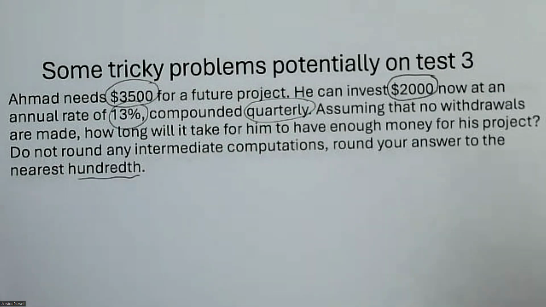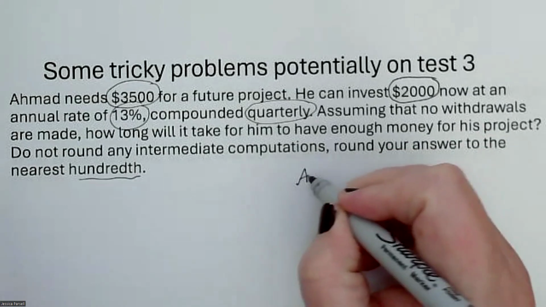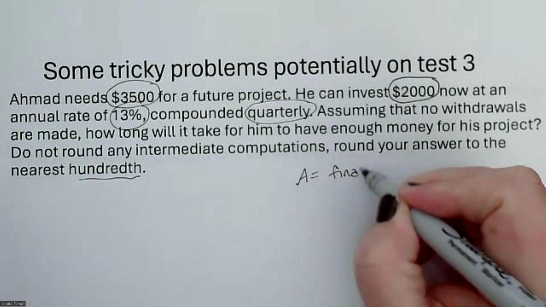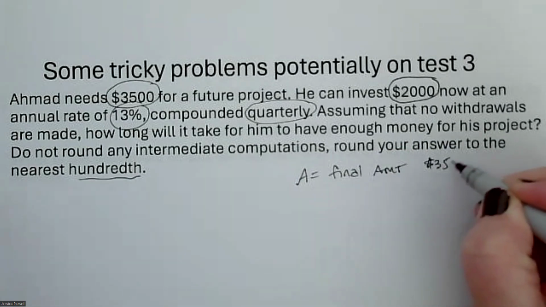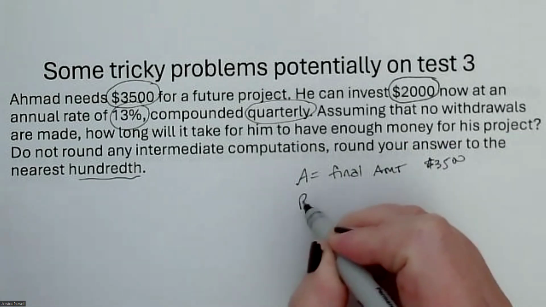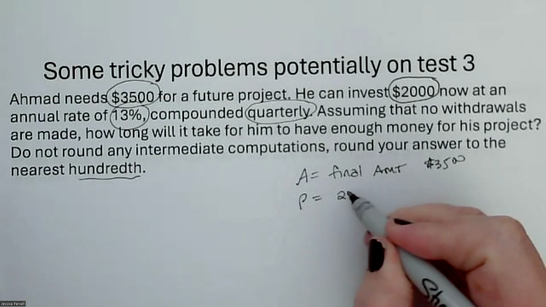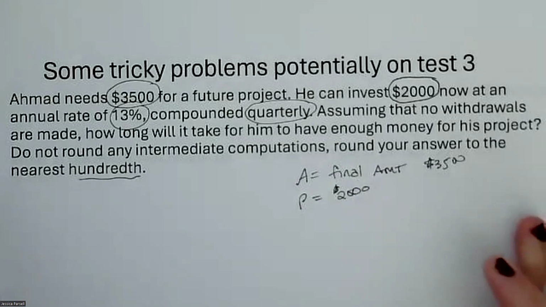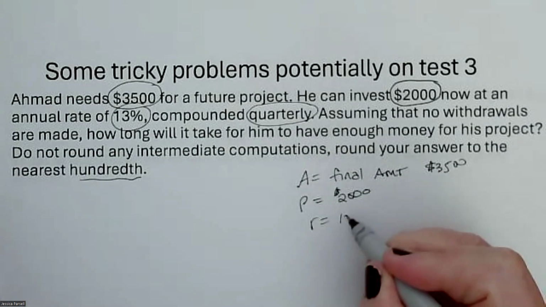Okay, so let's figure out what we know here. We know that A, which is the final amount that he needs, is 3,500. We know P, which is the principal, the initial amount he came in with, was $2,000. Okay, we know the rate, 13%.